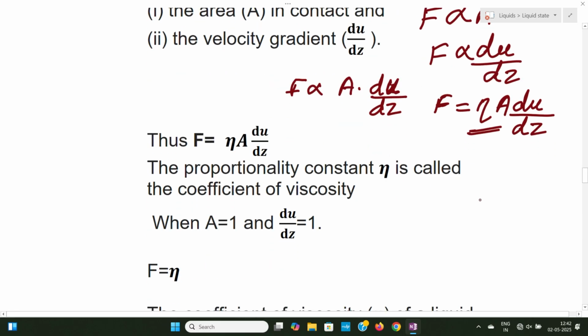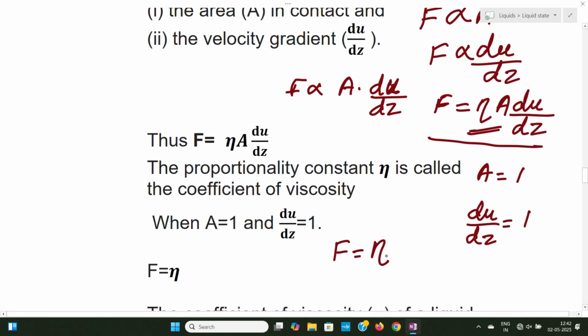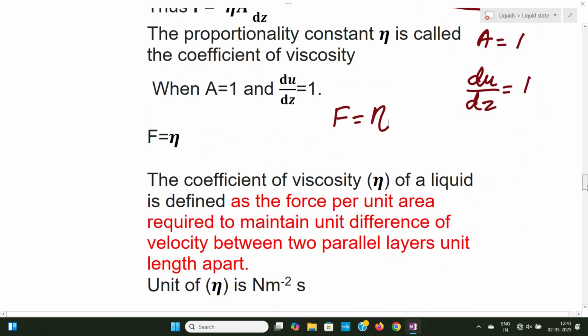When we consider this equation, when A is equal to 1 and du by dz is equal to 1, what will happen? F is equal to eta. That means the force will be equal to the coefficient of viscosity. Here the definition of coefficient of viscosity comes.